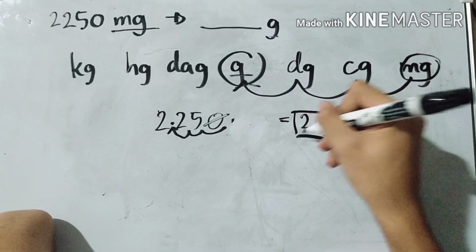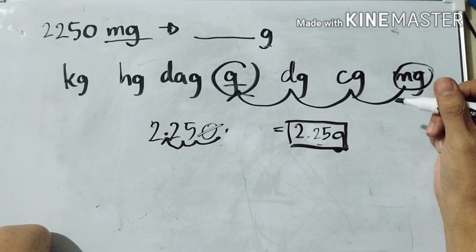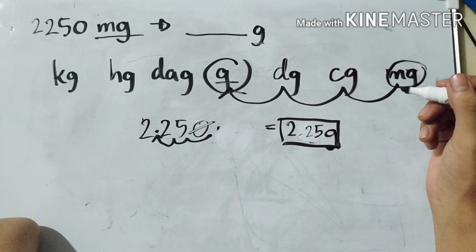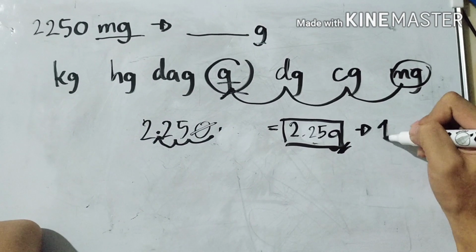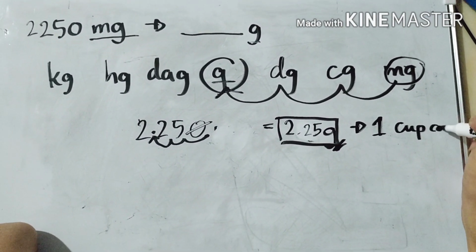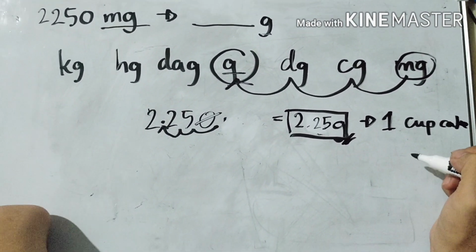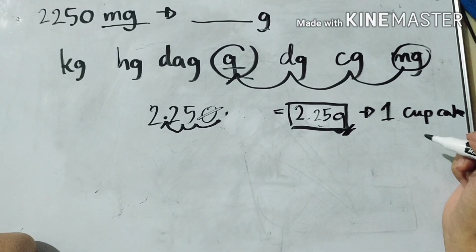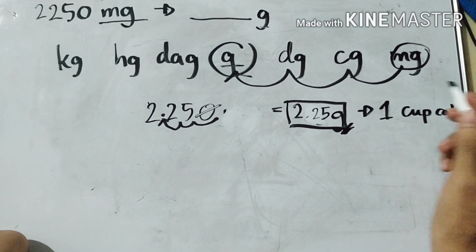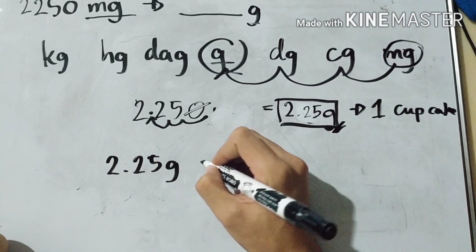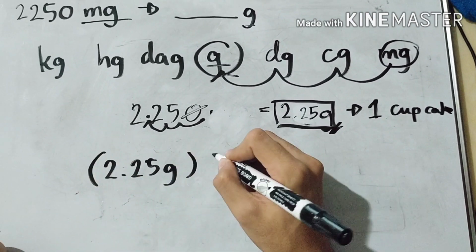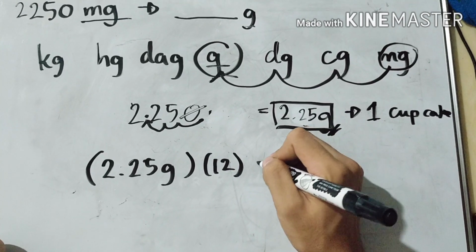But then, the given question is, how many grams of flour is needed for 12 cupcakes? Itong 2.25 grams is for 1 cupcake only. But then, ang tinatanong is, how many grams is needed for 12 cupcakes? So, yung 2.25 grams, imumultiply mo ngayon siya by 12 kasi 12 cupcakes daw yan paggagamitan.